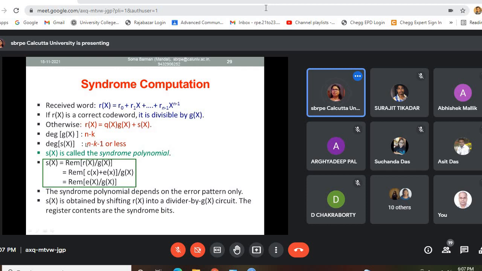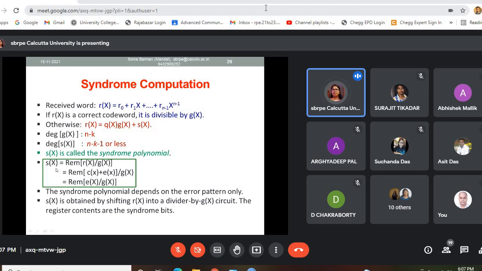And the degree of the generator polynomial is n minus k, as already mentioned, and the degree of Sx should be n minus k minus 1 or less. This parameter is important for designing the encoder and decoder. Sx is called the syndrome polynomial.